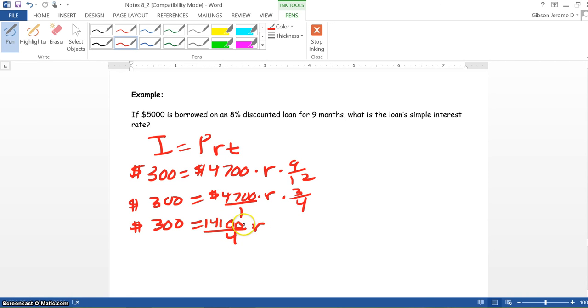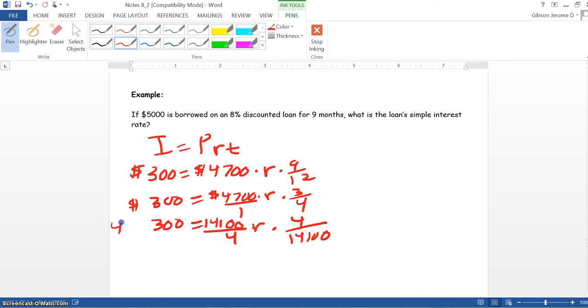That's R. Now, we will multiply each side by 4 over 14,100. Now, again, I didn't leave myself enough space. I would just get rid of that dollar sign.